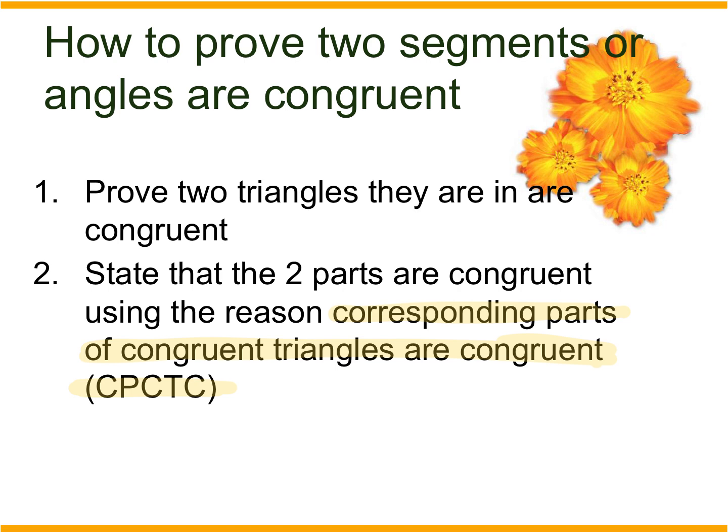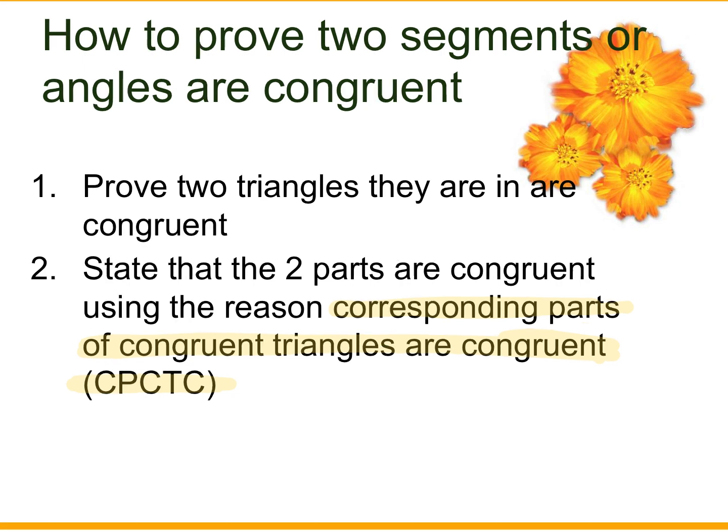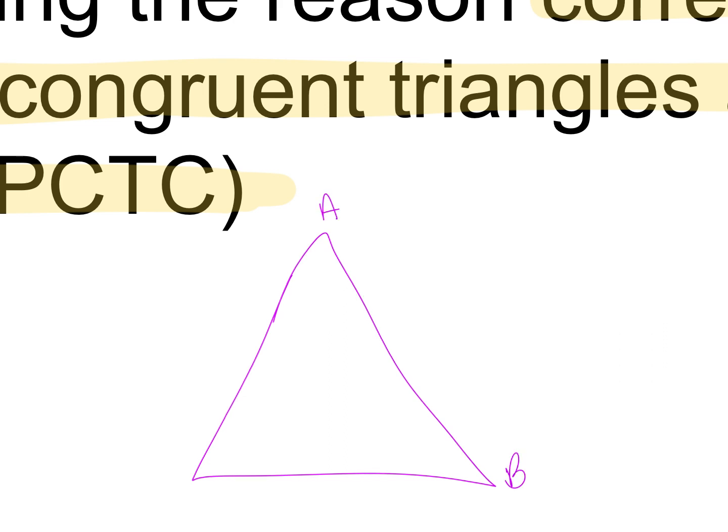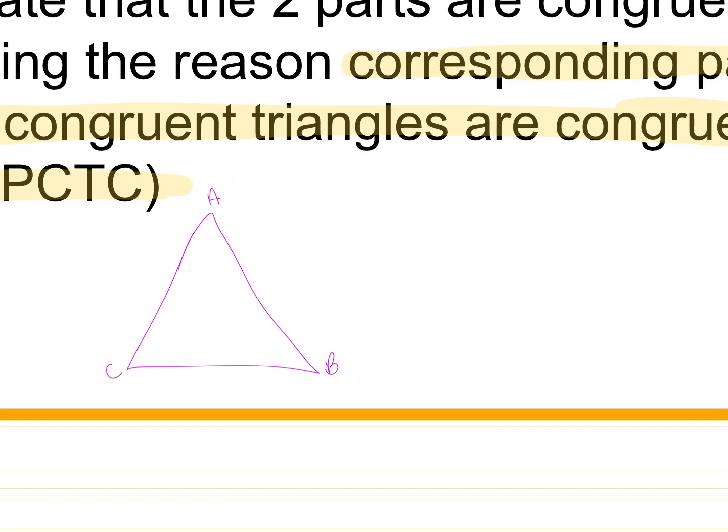So giving an example, I'm going to draw, and I suggest you guys draw it as well, 2 triangles. Here's one triangle, and I'm going to label it ABC. Remember, 2 triangles have to be congruent.